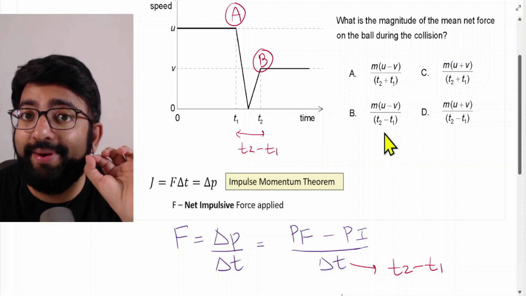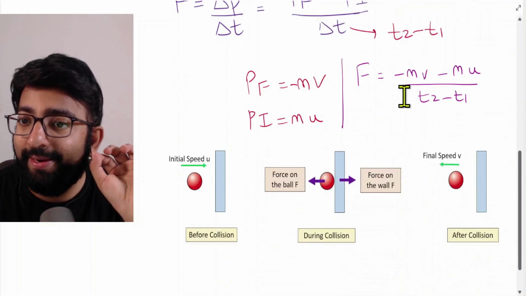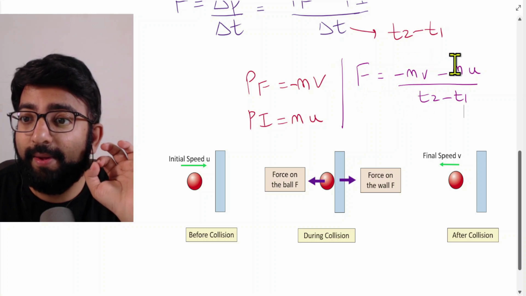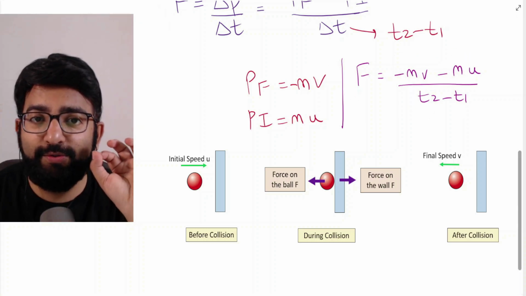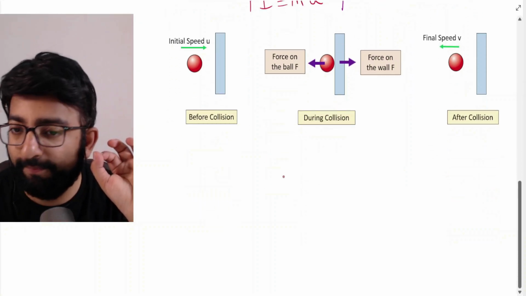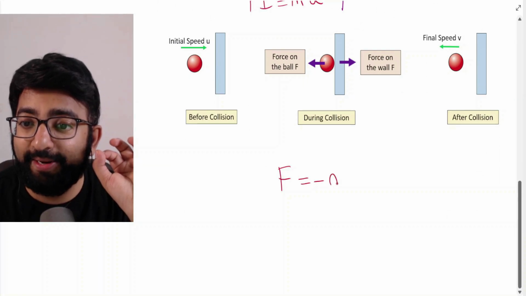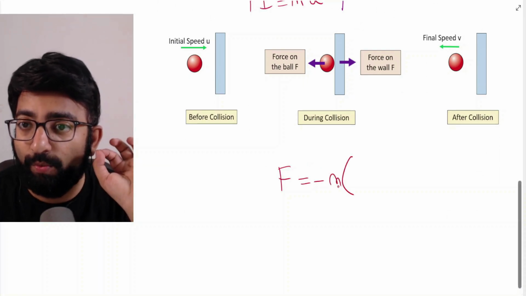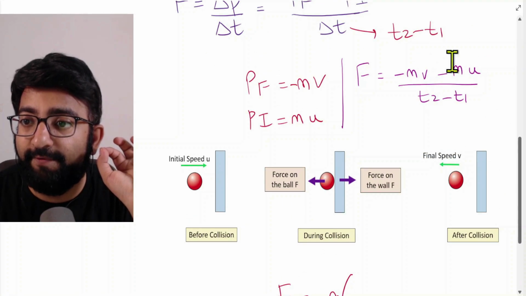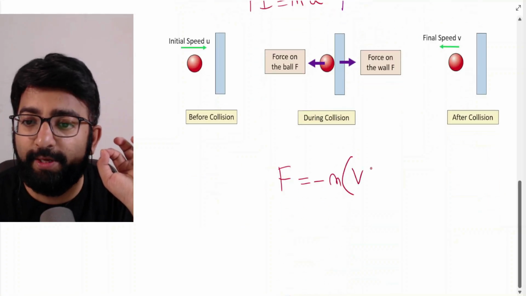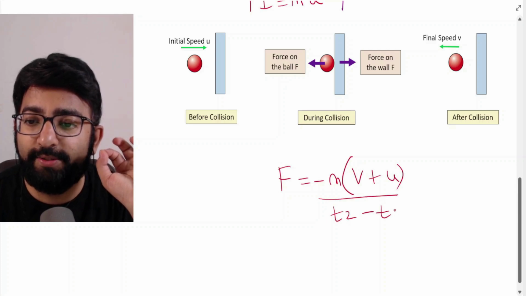So we need to take out all negatives. So how do we do that? Let us try to make negative m common in the numerator. So F will be equal to negative m times (v plus u), and in the denominator, we will write T2 minus T1.